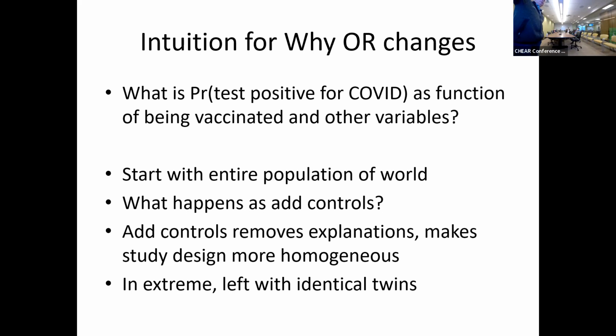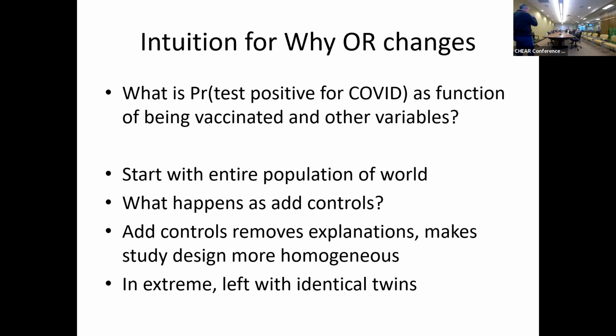explanation. As you put in controls that highly predict other people and why they are or are not getting COVID, then you're left with only one thing that can move the needle.